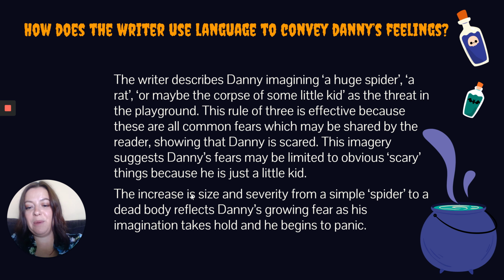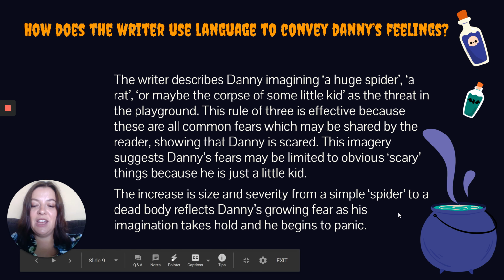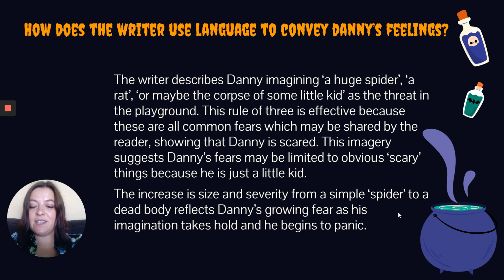I do apologise, that should be in size. But what we've done here is gone back into the quote and said something else. And that's true, isn't it? He starts off scared of a spider, which you would see in a playground, but as his imagination takes control and the paranoia grabs hold of him, he gets carried away and he's thinking, oh, maybe it's a rat or maybe it's a dead body. So that reflects that kind of growing fear.